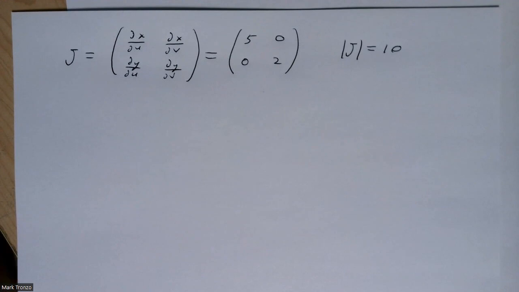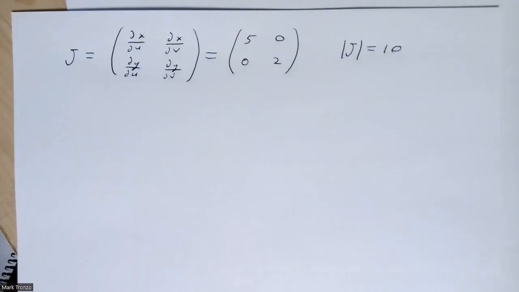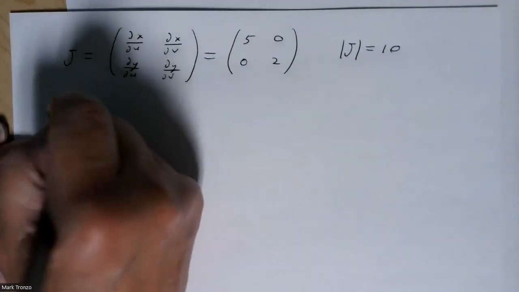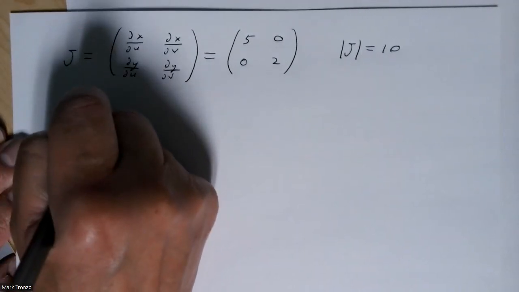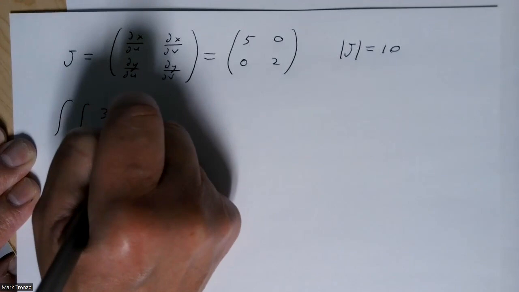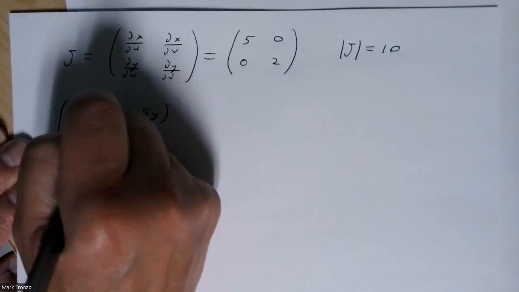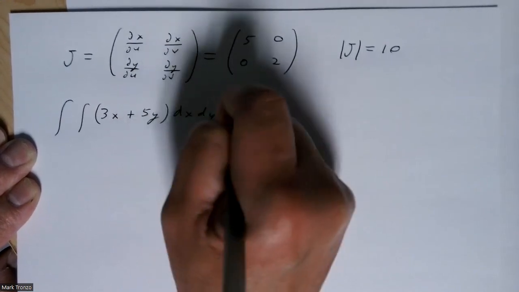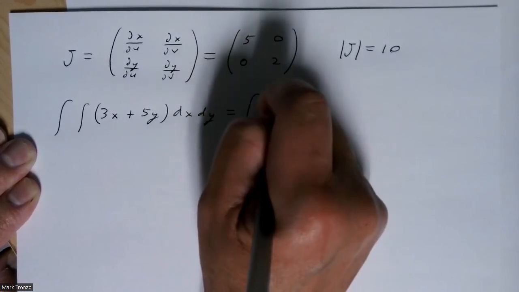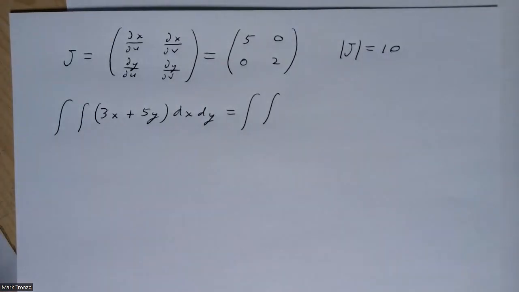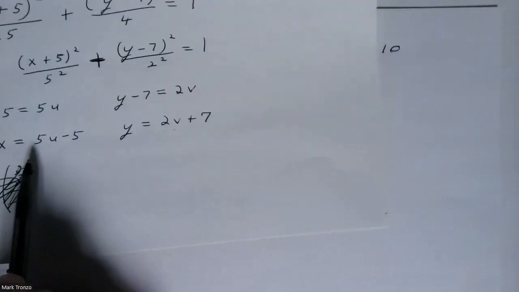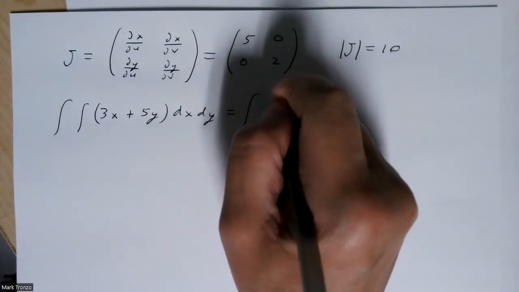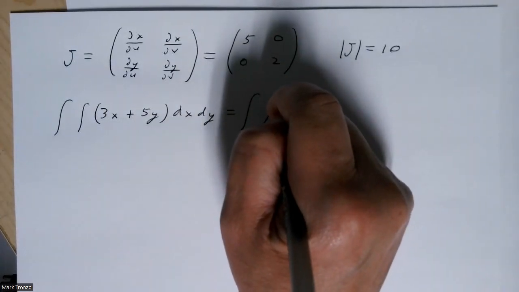And so now we are ready to substitute into our equation. So our equation was 3x plus 5y dx dy. And we're going to substitute in for x, which was 5u minus 5.